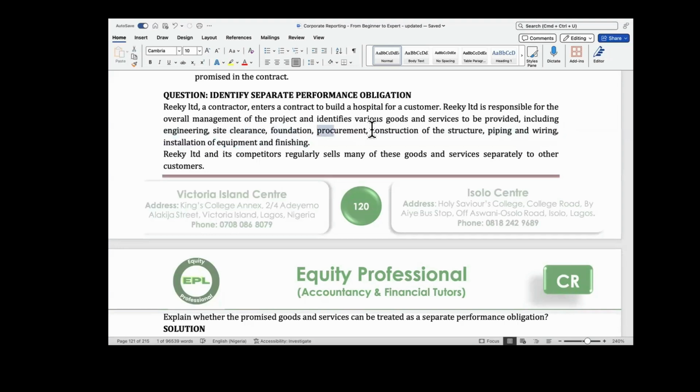Without foundation, you cannot move to procurement. So they are highly interdependent and interrelated. So for that reason, we are going to treat all of these as a single performance obligation, not separate performance obligations, because they don't meet the criteria as being distinct.